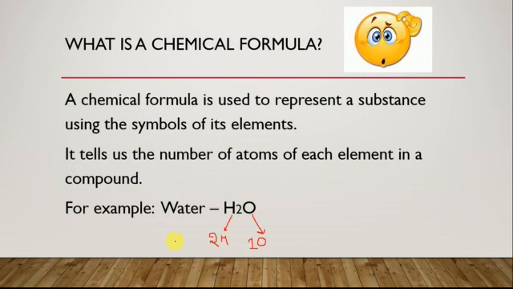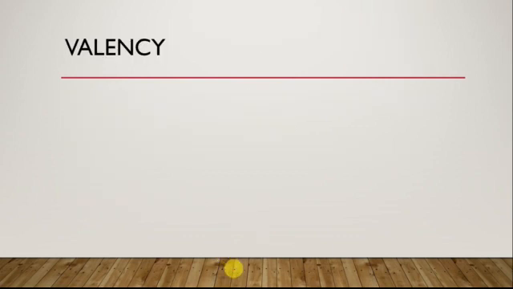So a chemical formula gives us information about the elements and also the number of atoms of each element present in a compound. Now students, you must be wondering, why only two hydrogen and one oxygen? Why not some other number, isn't it? Now these numbers depend upon this concept, that is valency.